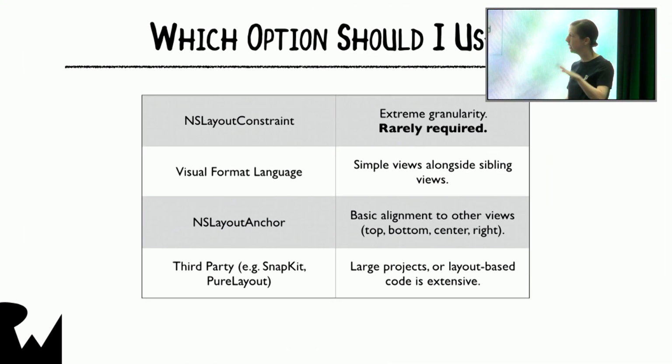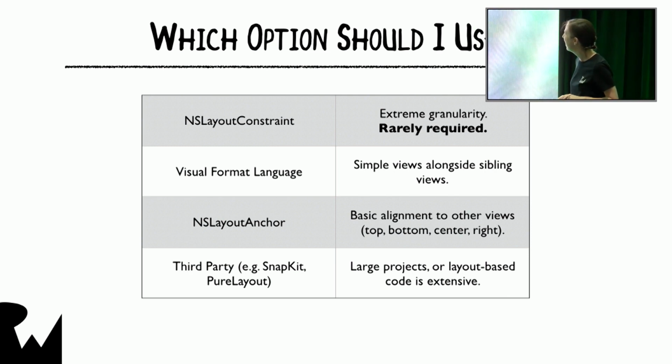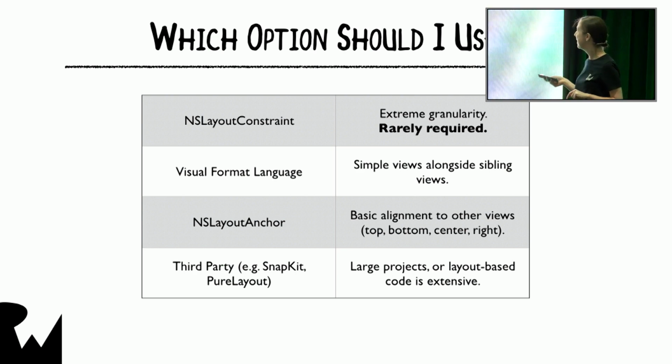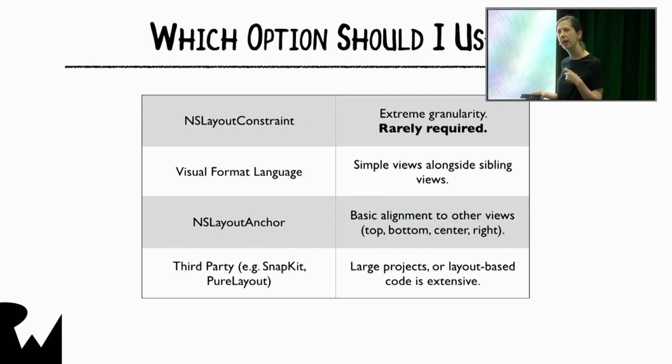Great, so given those couple of approaches, which should you use and when? I've touched on some of this already, but basically NSLayoutConstraints, try and avoid them if you can. They're required, I think, in some scenarios for extreme granularity, but in practice, they're not a really common use case. Visual format language is useful to know if you enjoy the kind of format that's being created there.